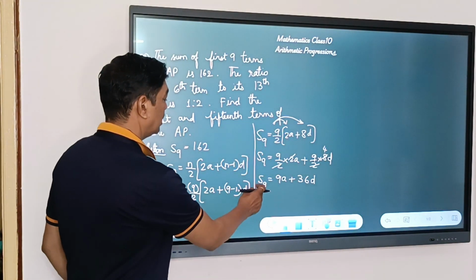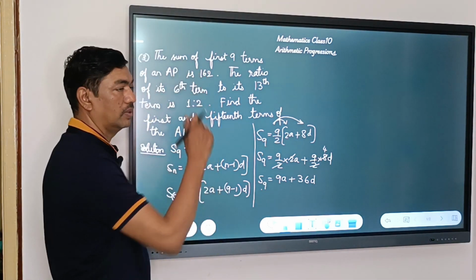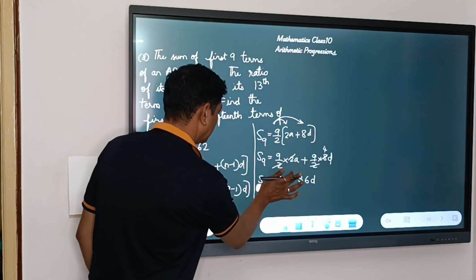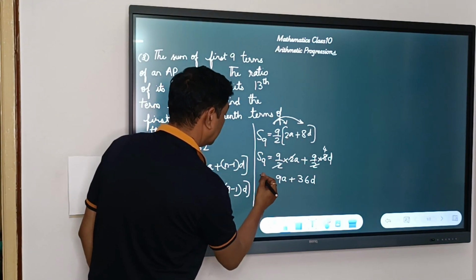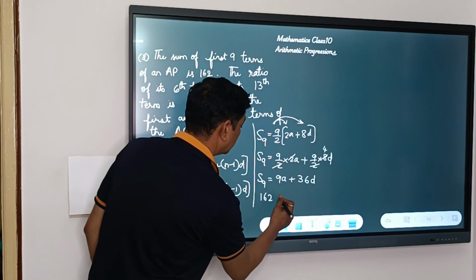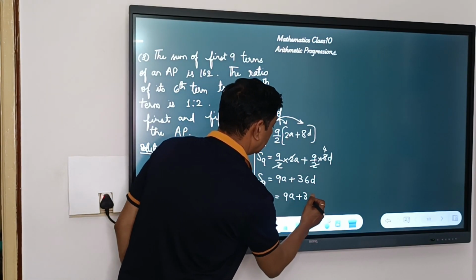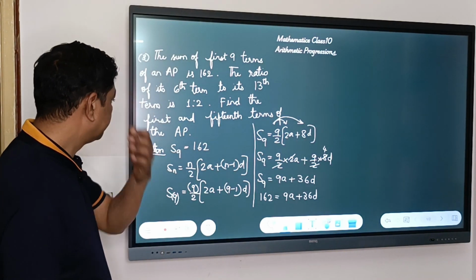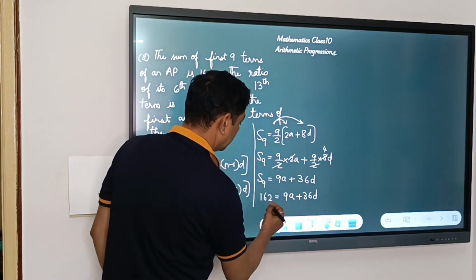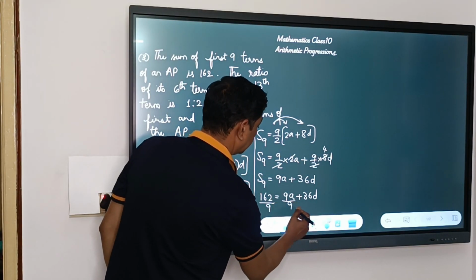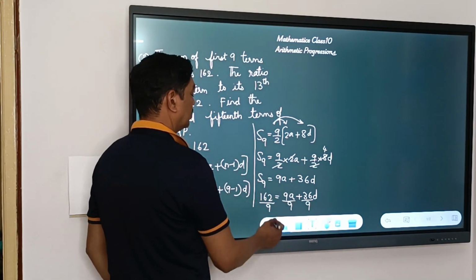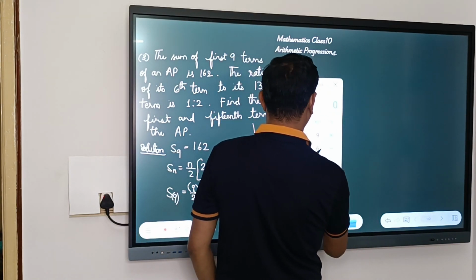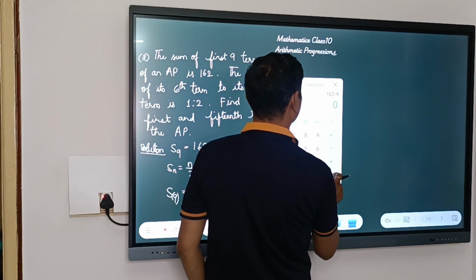In place of S9, you can substitute 162, which is given. So 162 is equal to 9a plus 36d. You can divide throughout this equation by 9. 162 divided by 9 is equal to 18.